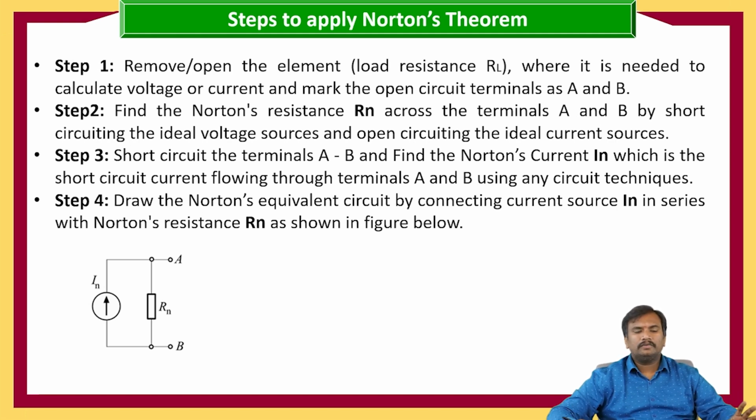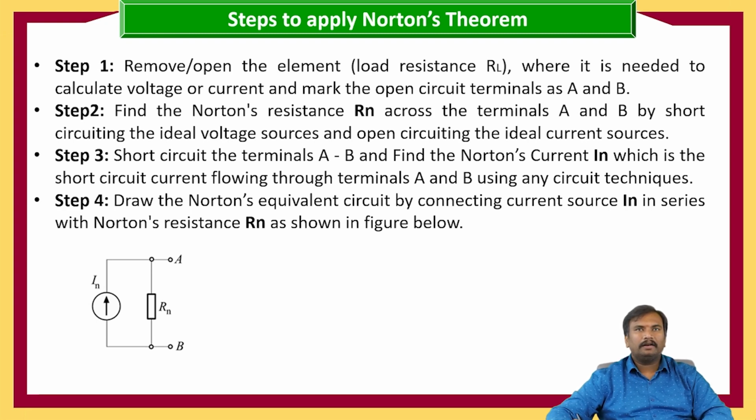In our first step, we are going to remove the load resistance, and make it an open circuit between the two terminals A and B. The second step is we need to calculate the open circuited equivalent resistance, that is called Norton's resistance RN.